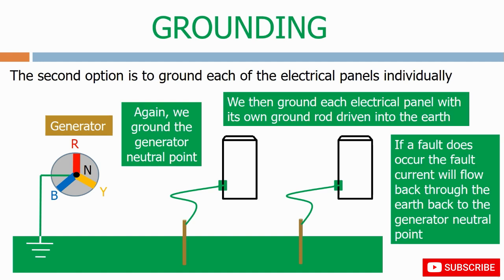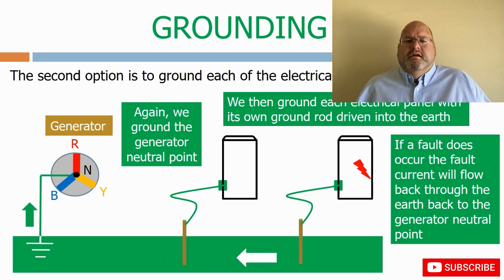If a fault does occur, the fault current will flow back through the earth, back to the generator neutral point. These are the two common ways that we can provide a ground system for an electrical network on site.